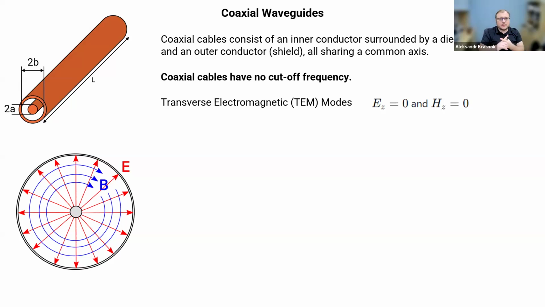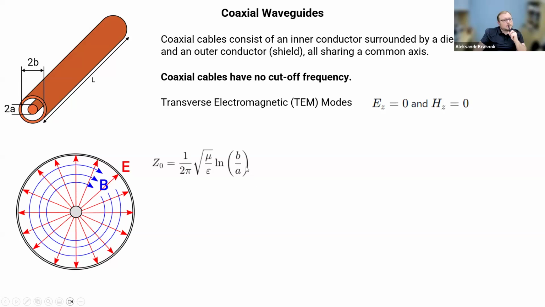But both electric and magnetic fields have vanishing components along the propagation direction. So it's a TEM type of mode. This type of mode has such a profile, electric field radially distributed and magnetic field circularly distributed around this inner conductor.